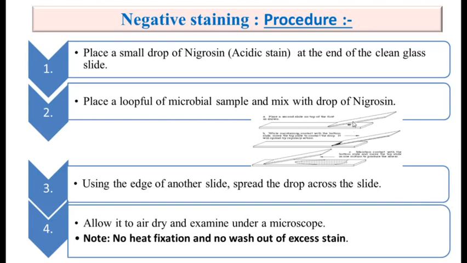To this drop of acidic stain, mix a loopful of culture of the microorganisms, and then with the help of another glass slide, hold it at a particular angle and spread this drop across the glass slide in a thin layer. Allow the mixture of the organisms with the acidic stain to air dry, and then observe under the microscope.